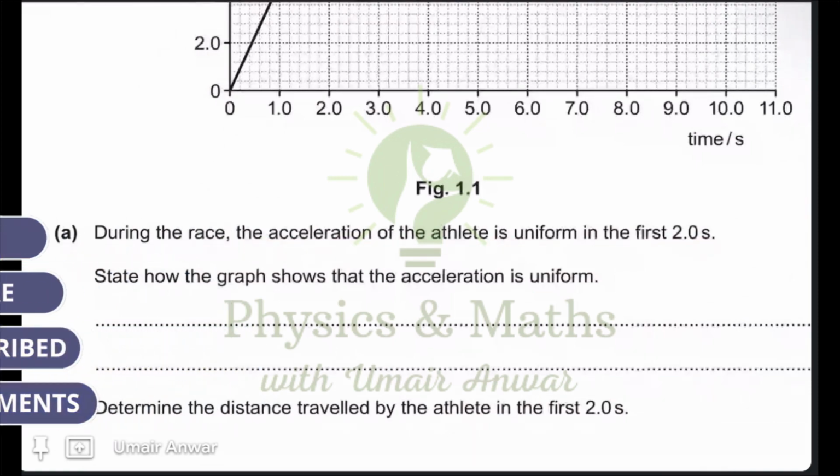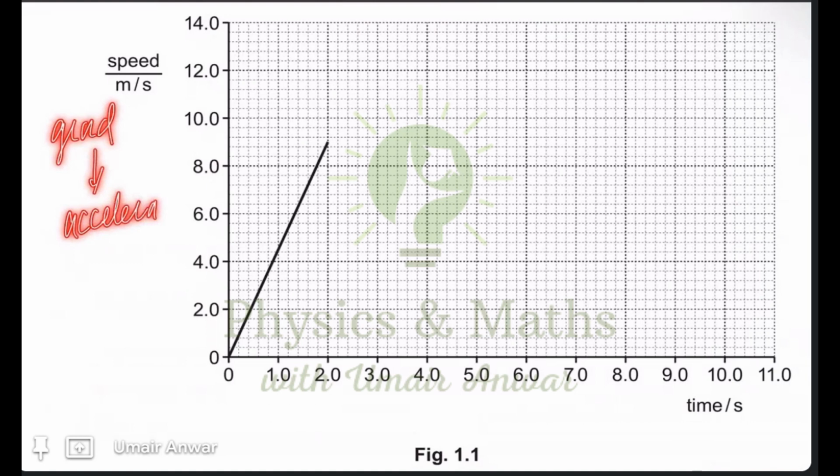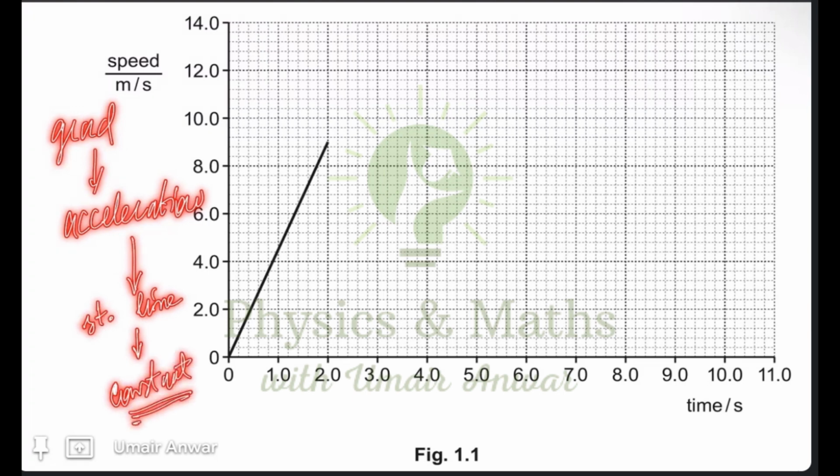So in a speed time graph, we know that the gradient of the graph represents the acceleration of the moving object. So when the acceleration is uniform, we are expecting a straight line, and the reason for this is that straight lines have constant gradients. So gradients do not change in straight lines.